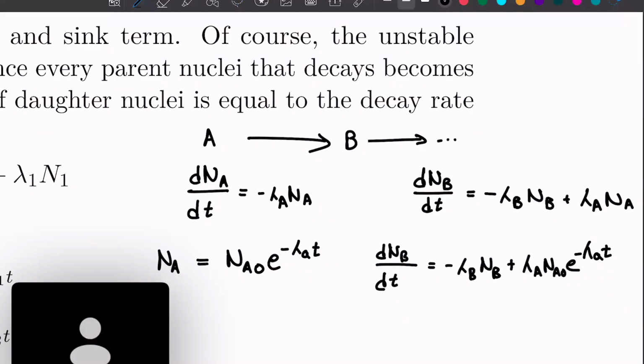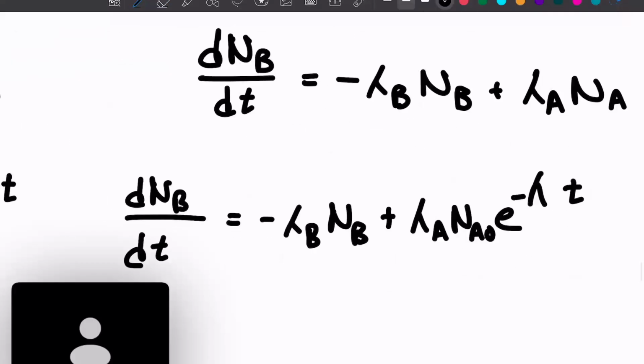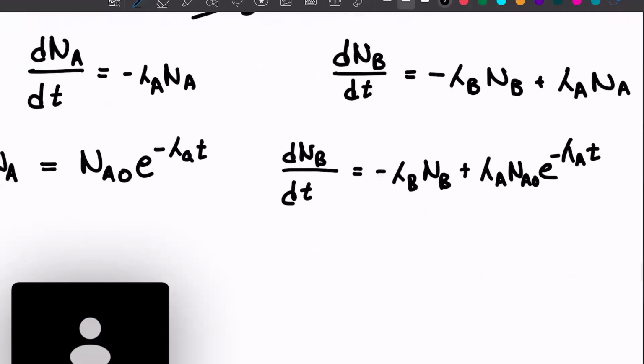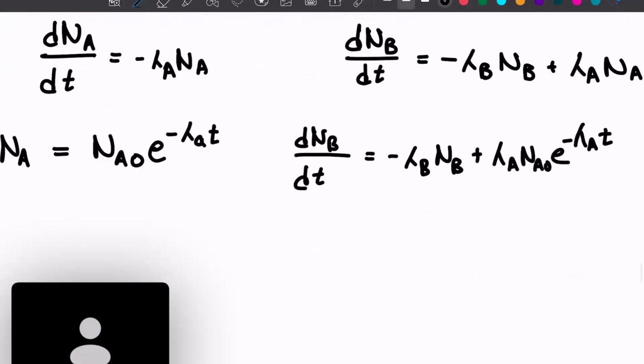You can't do separation of variables for this. It's not possible. And so this is where you would use integrating factor.